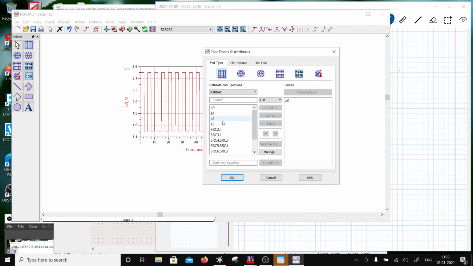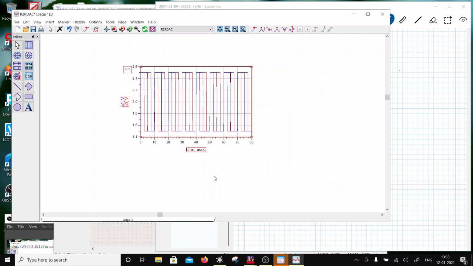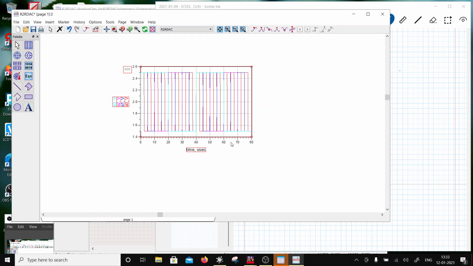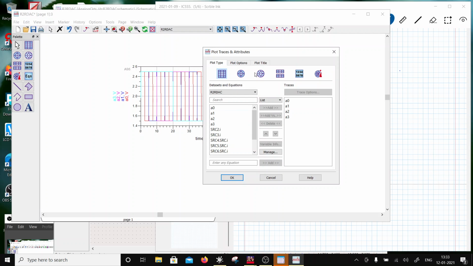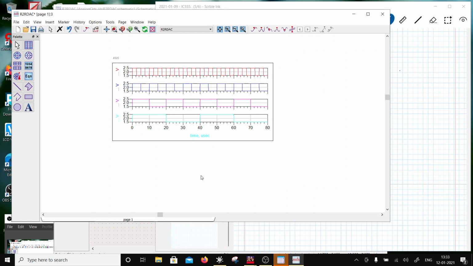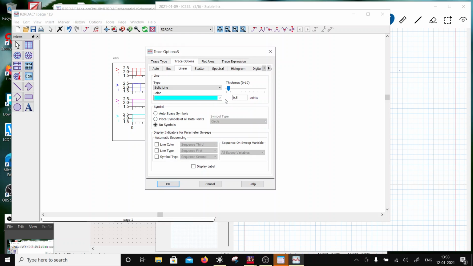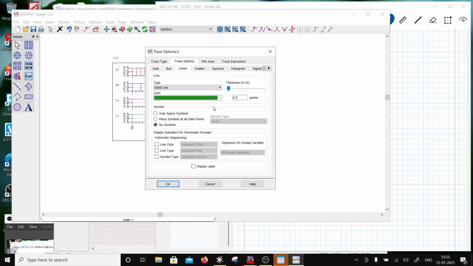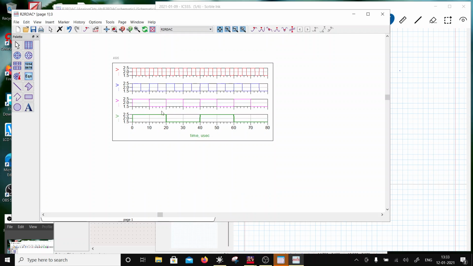So here I'm going to put A1, that's twice this thing. Then I'm going to put A2 and A3, and I'm going to split them out like this, and this one I'll make green so that it is clearly visible. Okay, so let's make it darker.